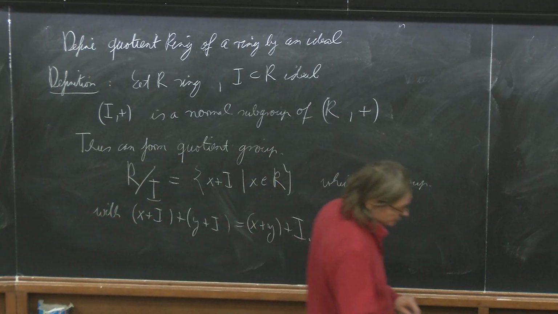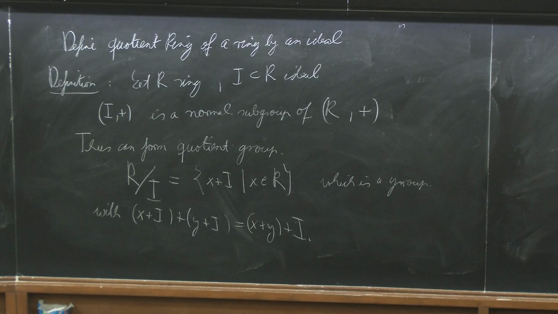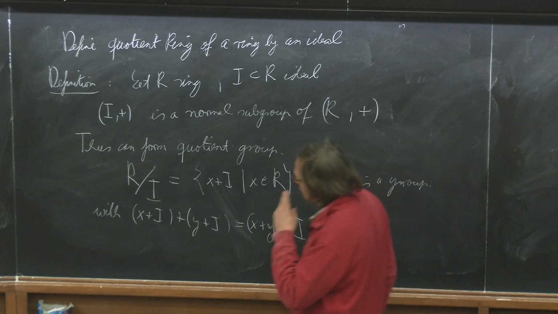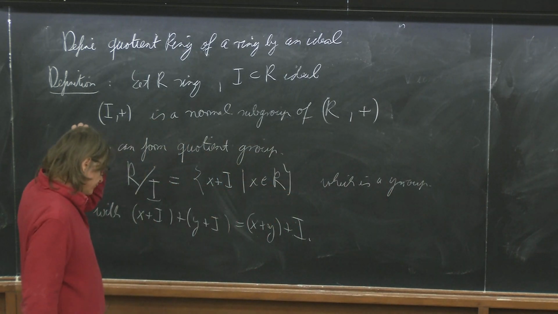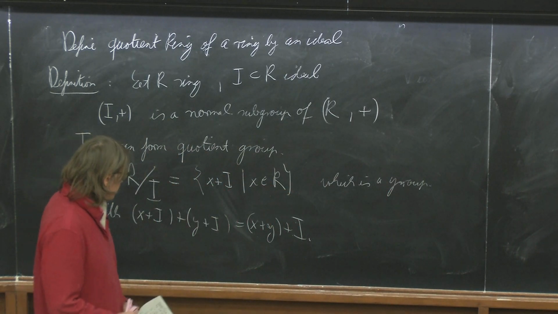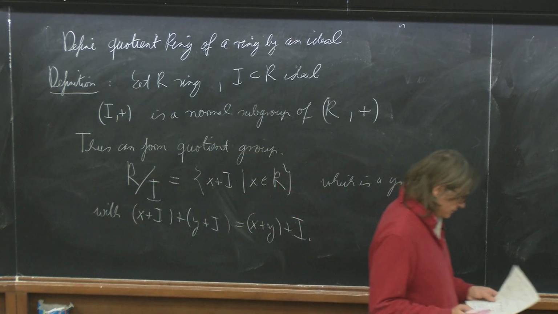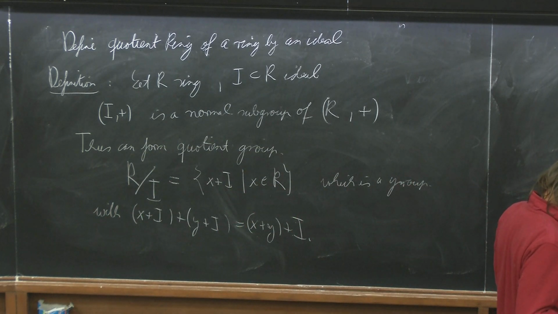Now, in order to make a quotient ring, we have to define a ring structure in a natural way on it. So we have to see that this is also compatible with multiplication.